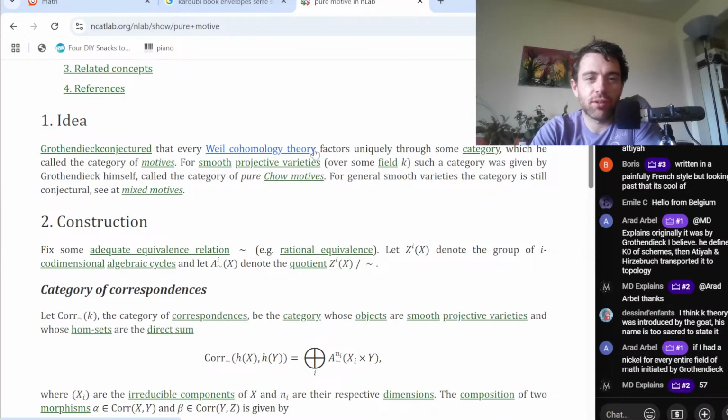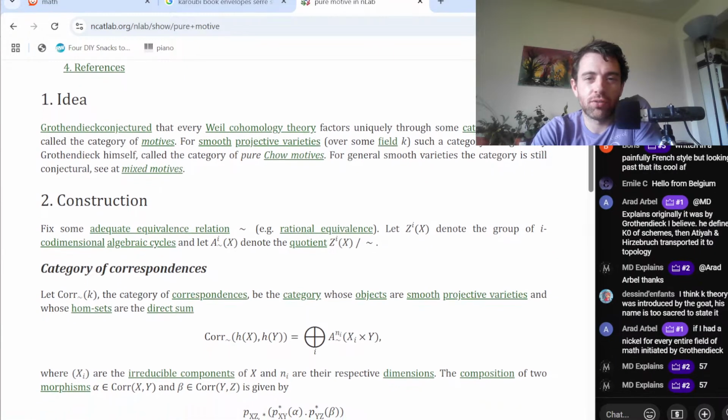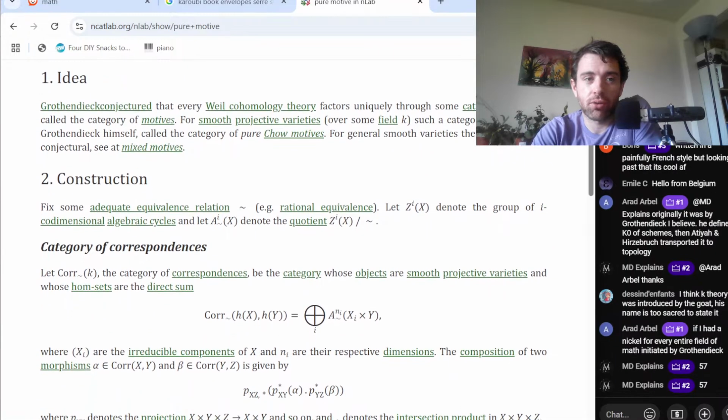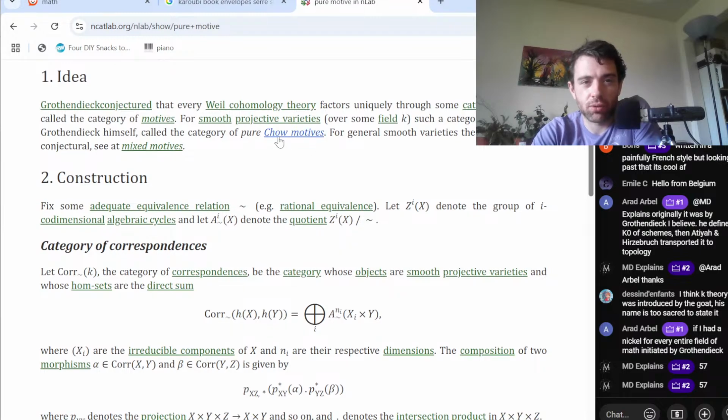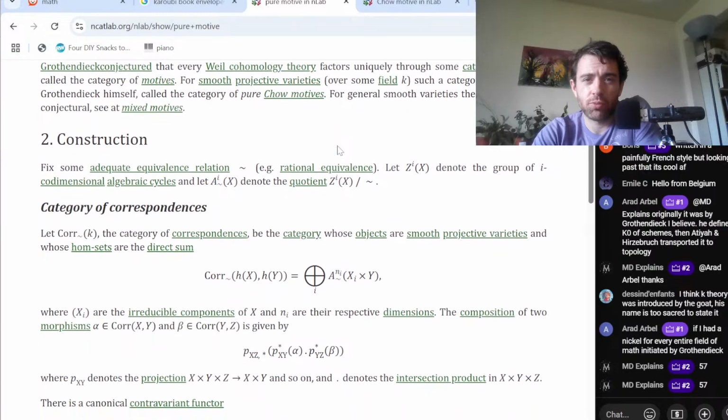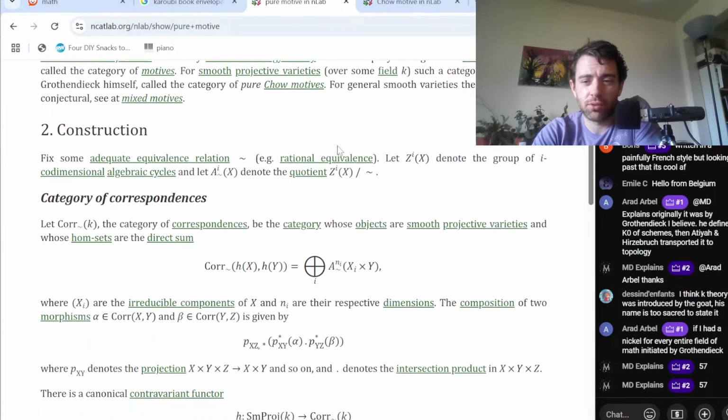He conjectured that every Weil cohomology theory factors uniquely through some category, which he called the category of motives. For smooth projective varieties, such a category was given by Grothendieck, called the category of Chow motives. Okay, this makes sense. That's not unreasonable.